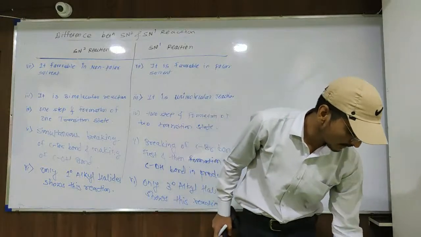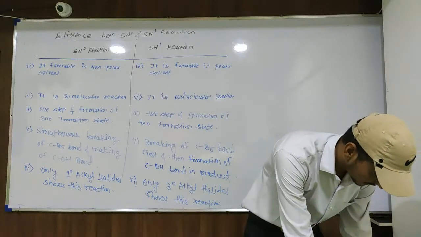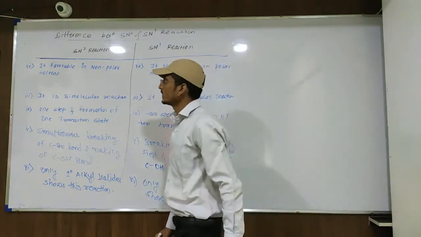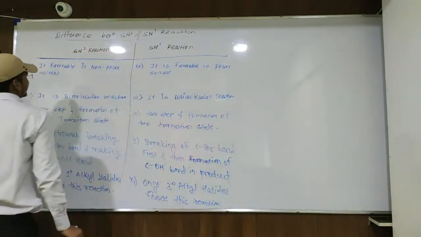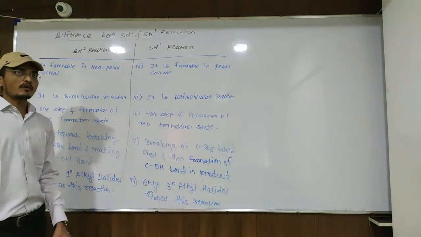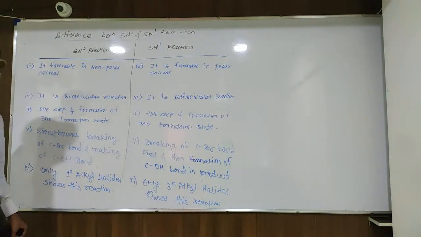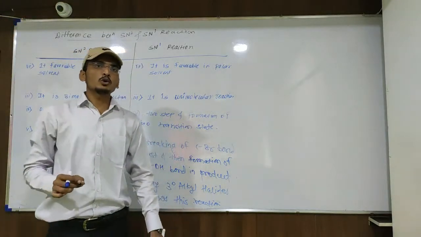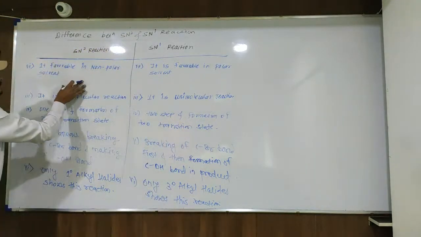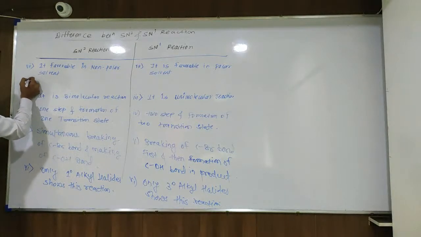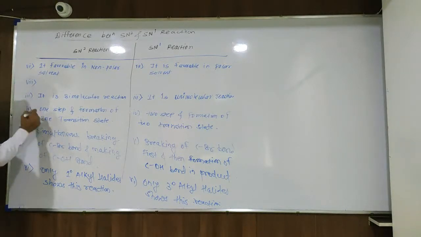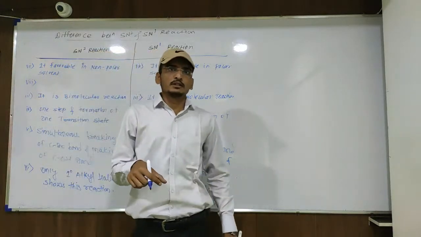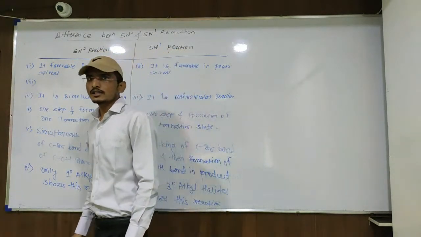But one thing to remember here is the last point, which is an important point. In the case of the SN2 reaction, there is a need for a strong nucleophile. But in the case of the SN1 reaction, there is no need for a strong nucleophile. Why is a strong nucleophile needed in the SN2 reaction? Because the nucleophile attacks directly from the back side to the carbon which is attached to the halogen, that is the Br.